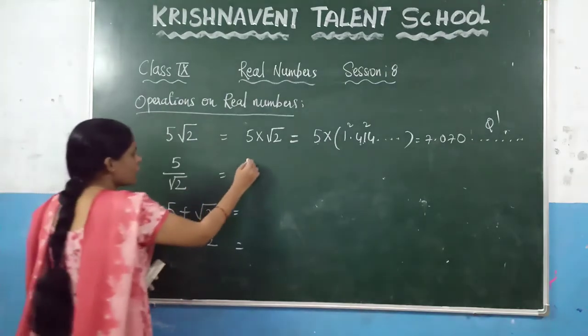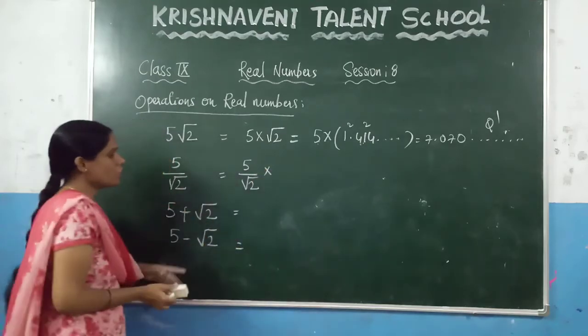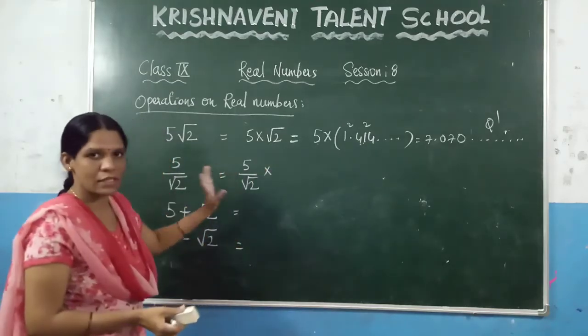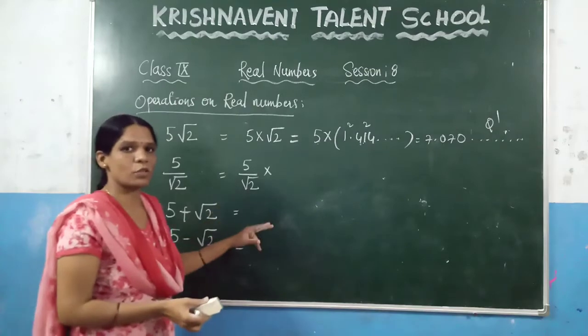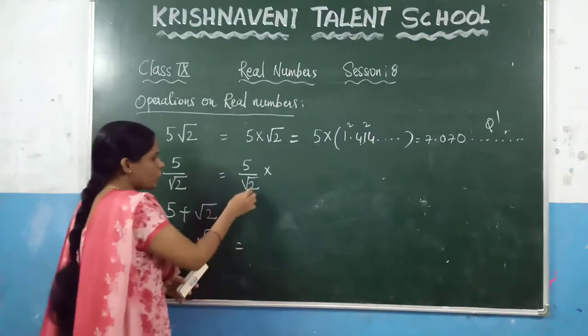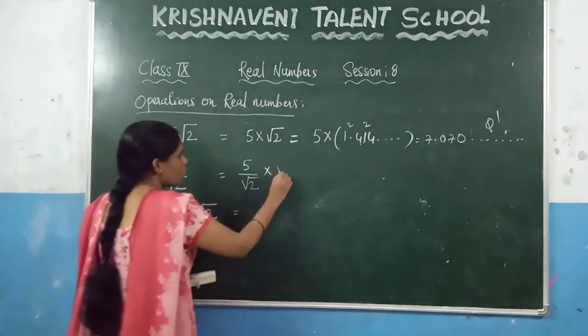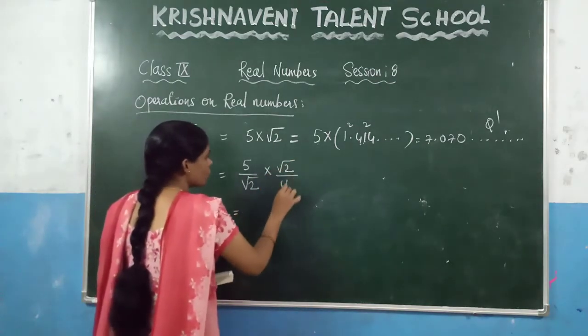Now, see here 5 by root 2. Here, you need to make the denominator a rational number. Which number do you need to multiply so that the denominator will become a rational number? Just multiply by the same number, root 2 by root 2.